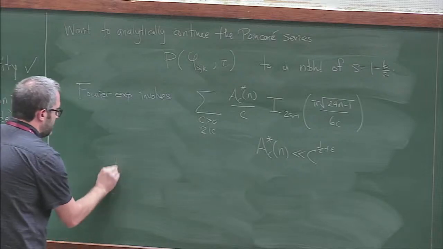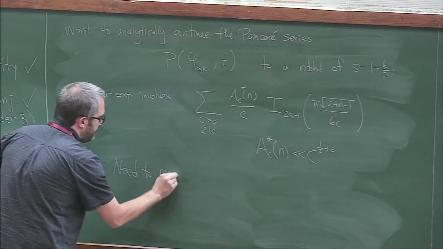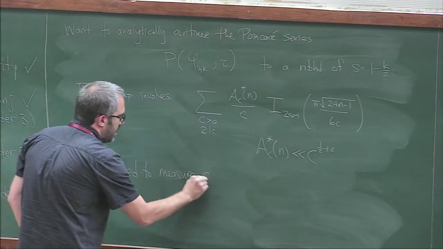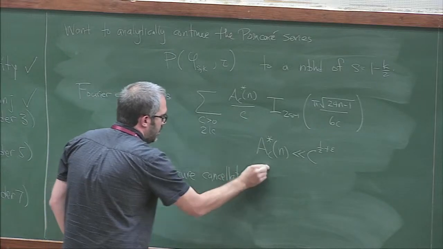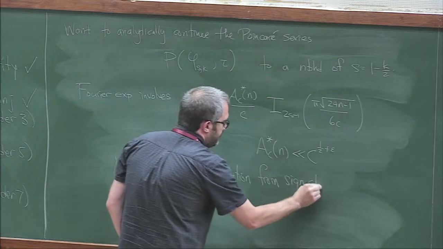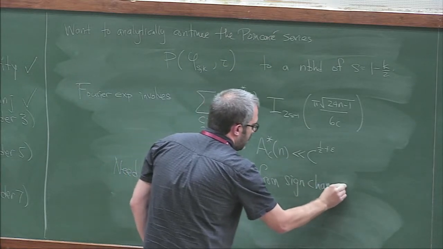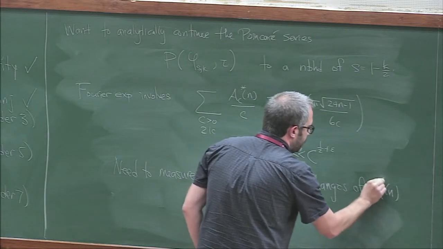And so what we need to do is study, or measure, the cancellation from sign changes of A_c star of n.